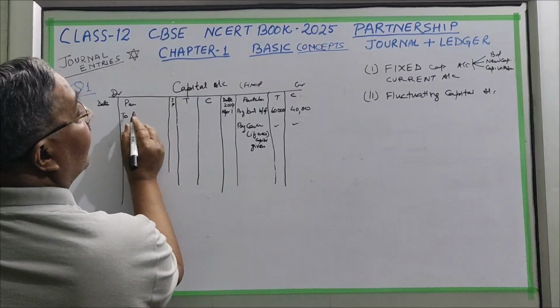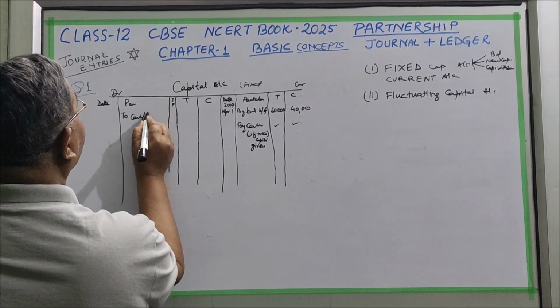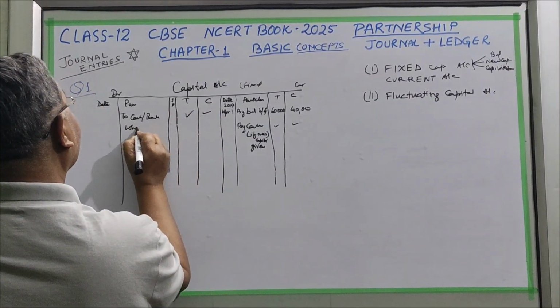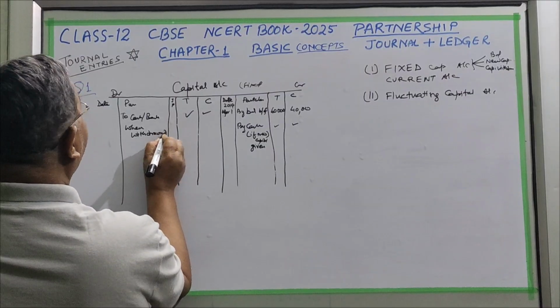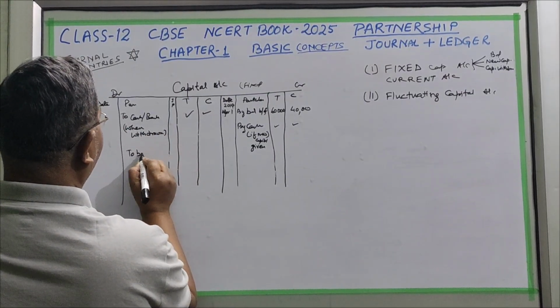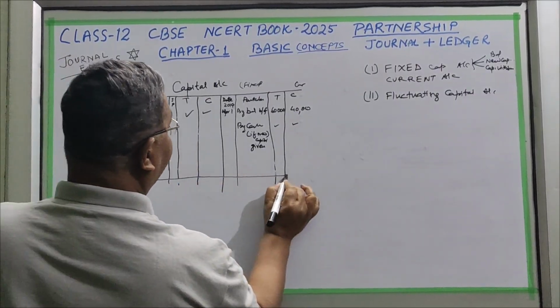Cash or bank account, it comes here only when capital is withdrawn, not drawings. Drawings do not come here. And the balance carried forward. This is your fixed capital pro forma.